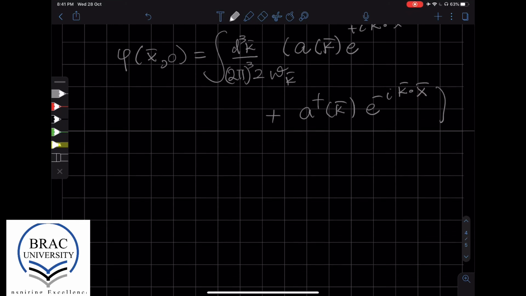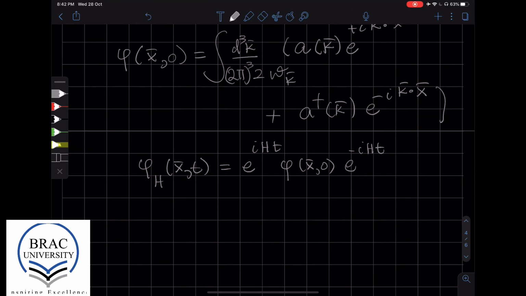But now, if I look at the Heisenberg picture generalization of this, then the field phi at some arbitrary time t is going to be given by e to the power i H t, then phi of x at 0 time, e to the power minus i H t.